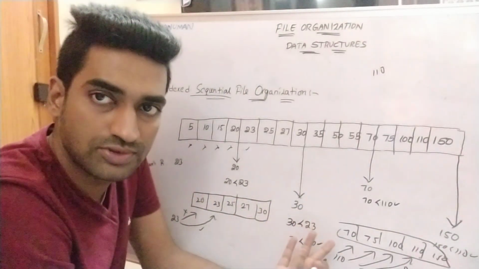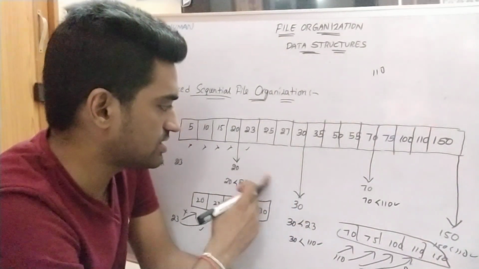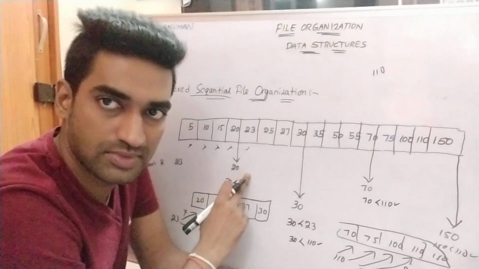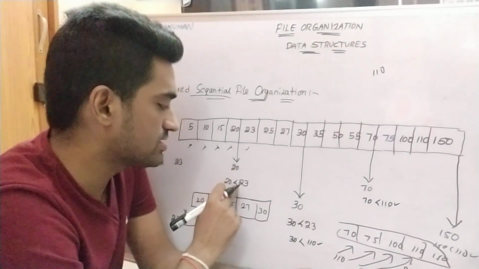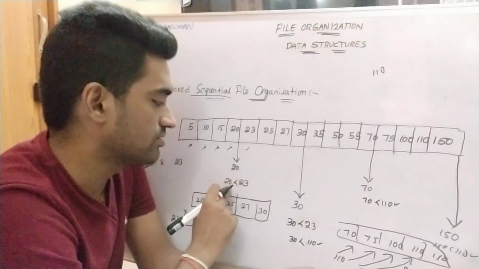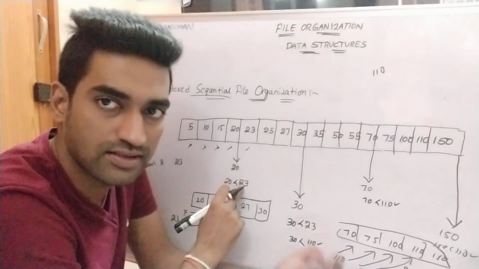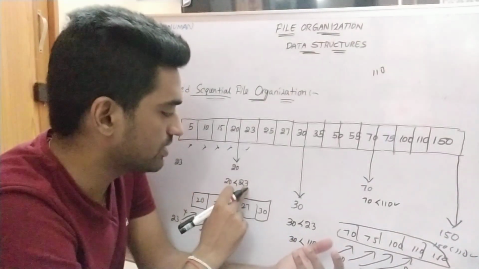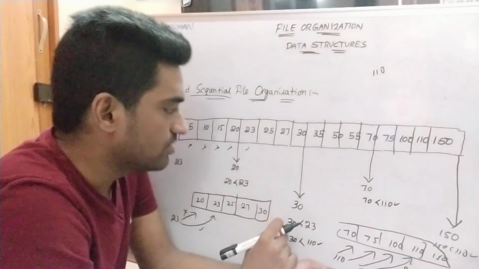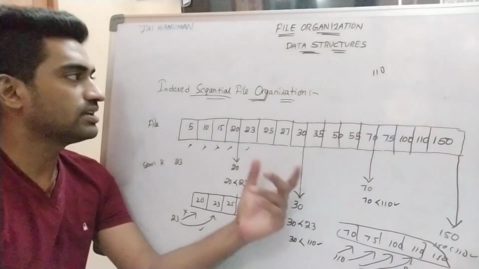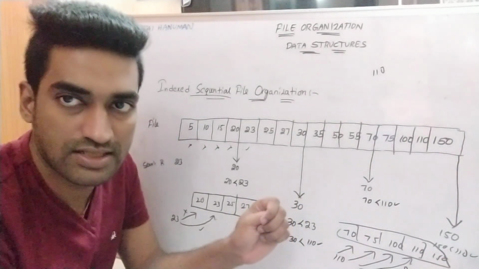Condition is false, so we can search the left sublist. Again we are comparing the lower index, 20 less than 23. Condition is true, so we can search the right sublist, right? So this is the general process in indexed sequential file organization.